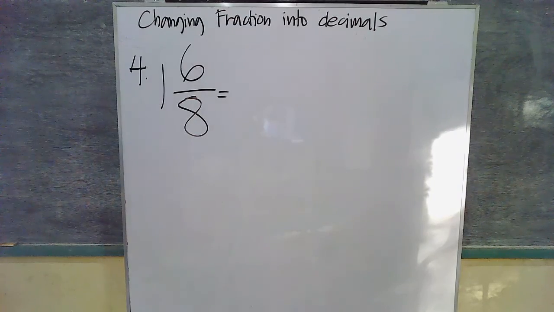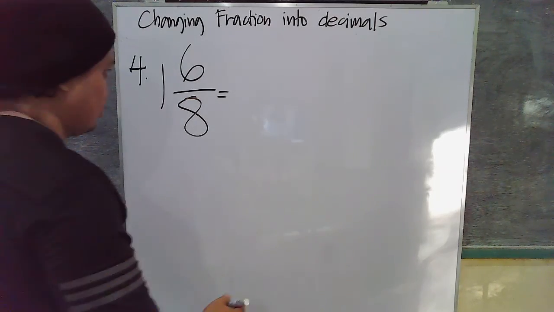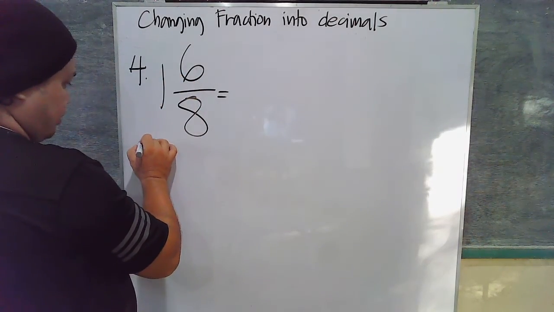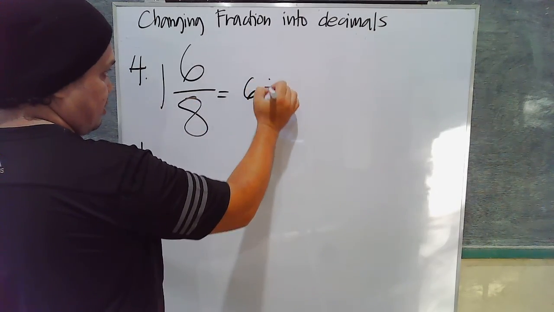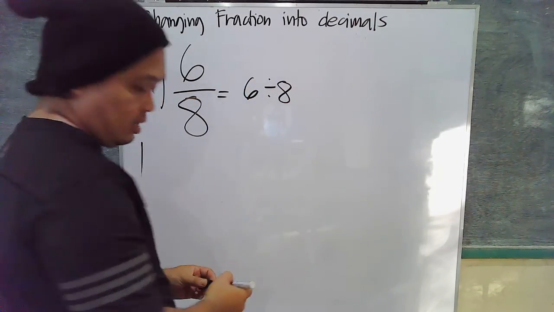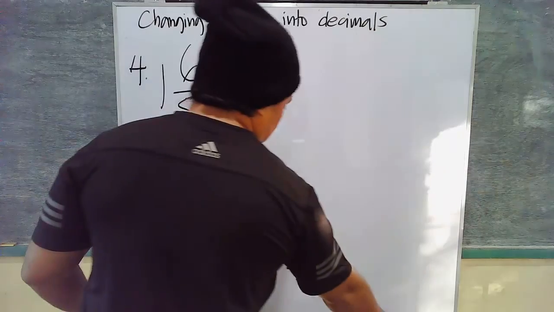We have a mixed number, 1 for the whole number and 6 over 8 for the fraction. So let's set aside 1 first, and we're going to divide 6 divided by 8 to get the decimal form.